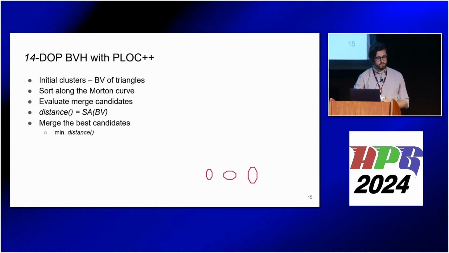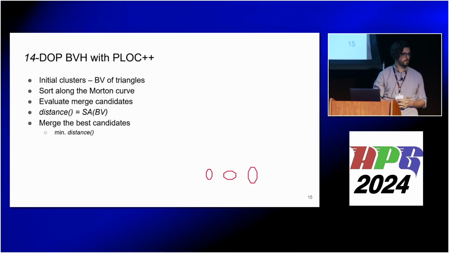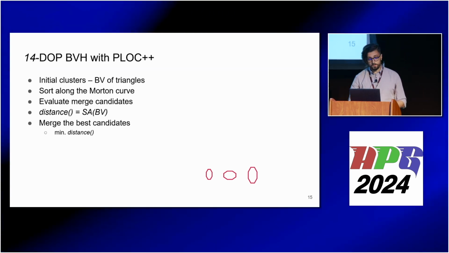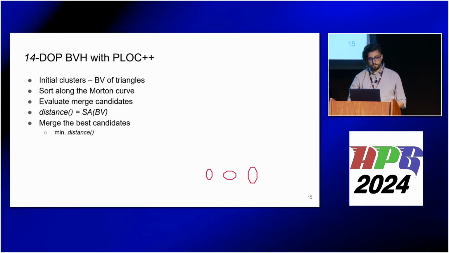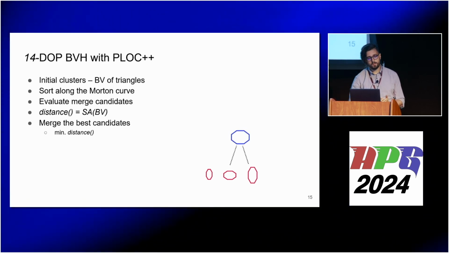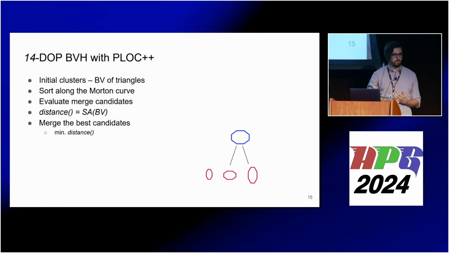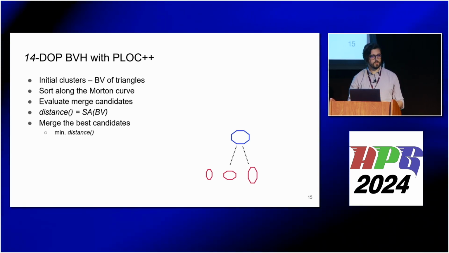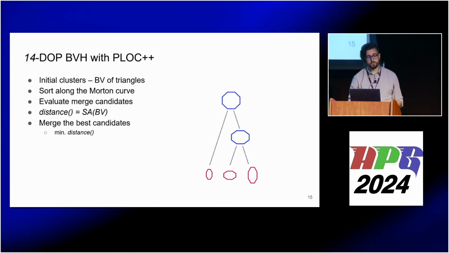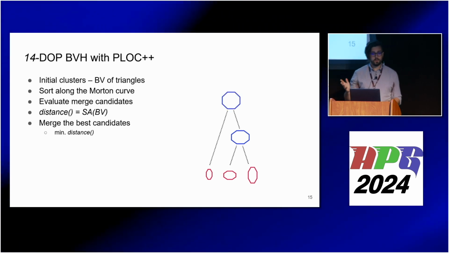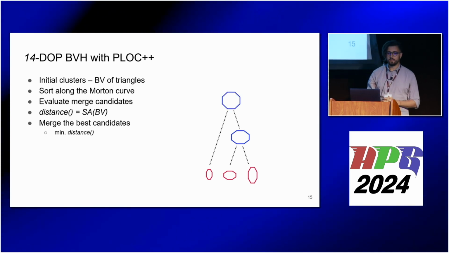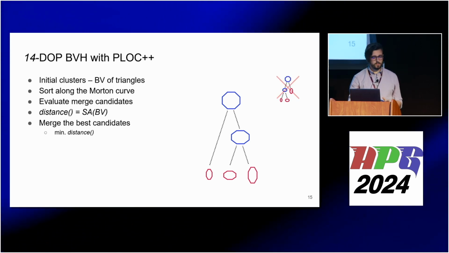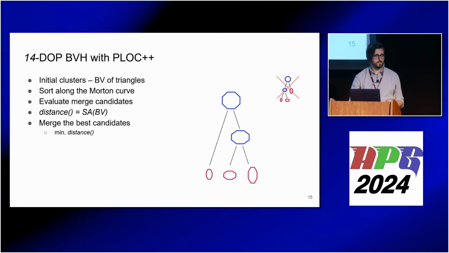And this distance function, in our case, is the surface area of 14-DOPs, the function I presented to you a few moments ago. When we find the best candidates by minimizing the value of their distance, we merge them, and we proceed to iterate until, again, we reach the root. In this case, we end up with a hierarchy of 14-DOPs, but unlike the previous case, its topology is optimized for these 14-DOPs and is likely different for the same scene than the previous method.